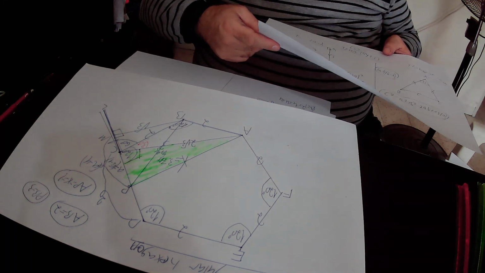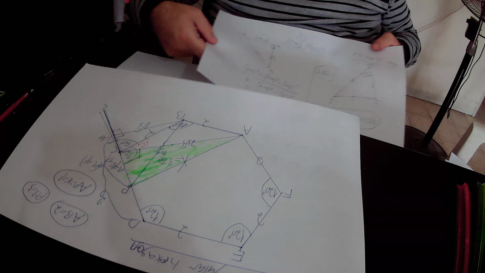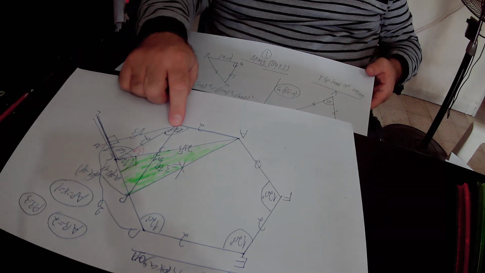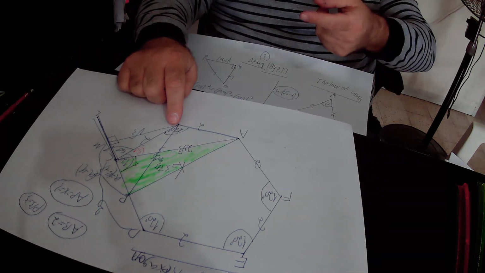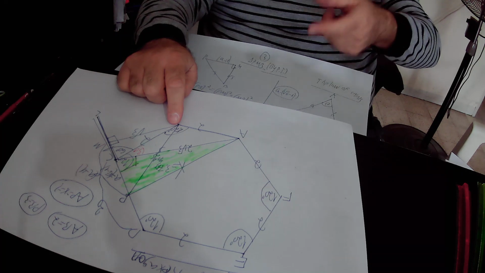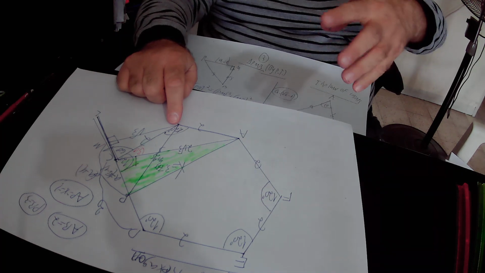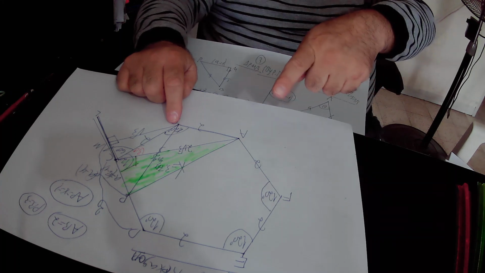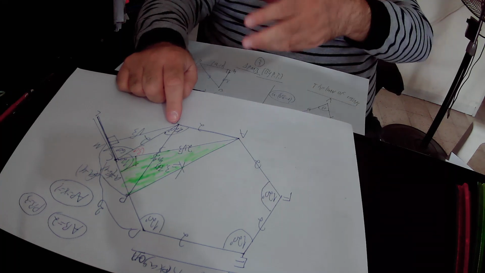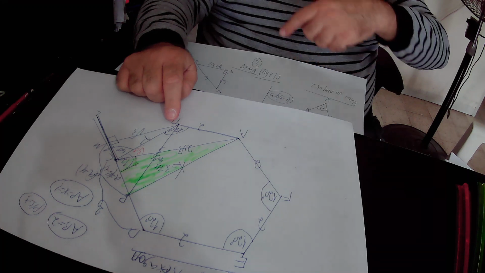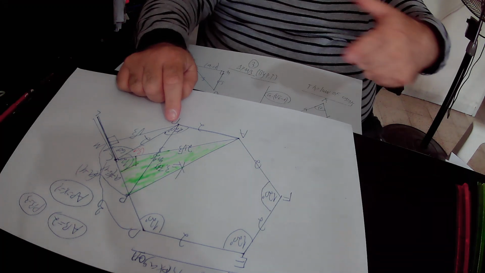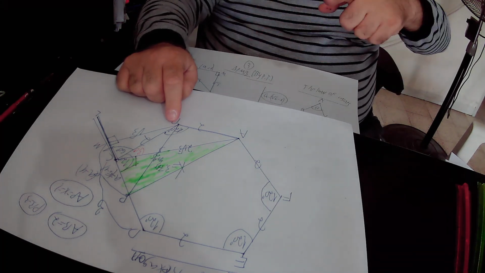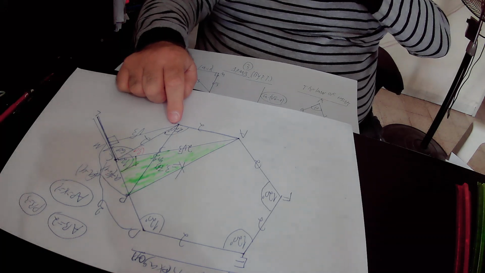In this triangle ABC, this angle equals 120 degrees because it is 1 out of the 6 angles of the regular hexagon ABCDEF, and we know that all the 6 interior angles of the regular hexagon ABCDEF are equal to each other, and each of them is equal to 120 degrees.